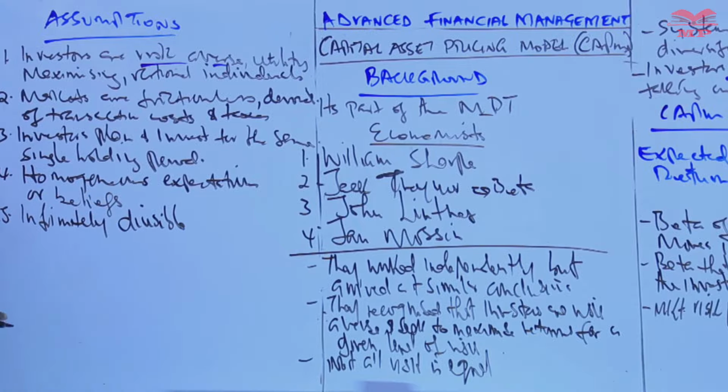That investors can buy and sell any securities, right? They can buy or sell any fraction, let me put it that way. They can buy or sell any fraction of securities, infinitely divisible, any fraction.